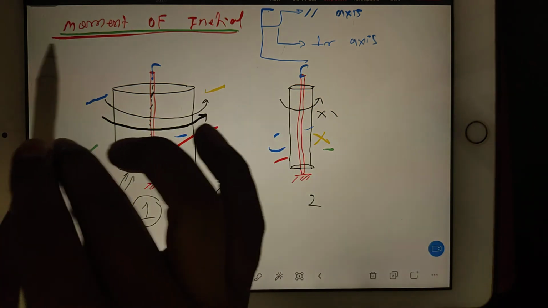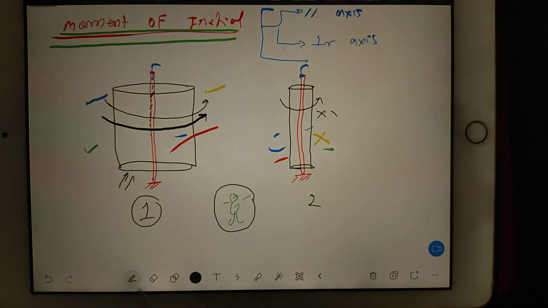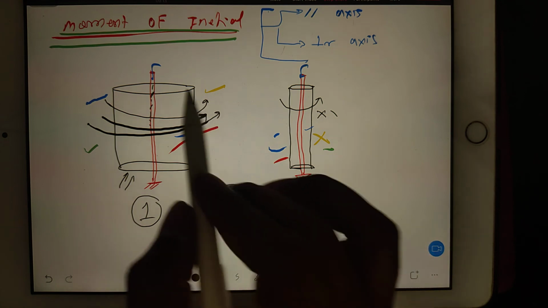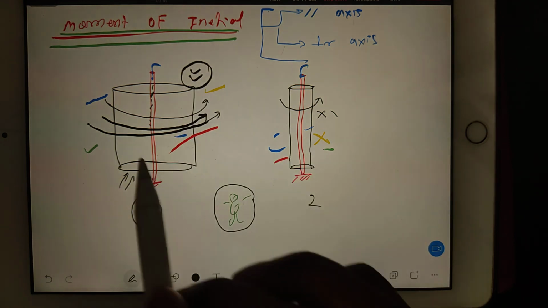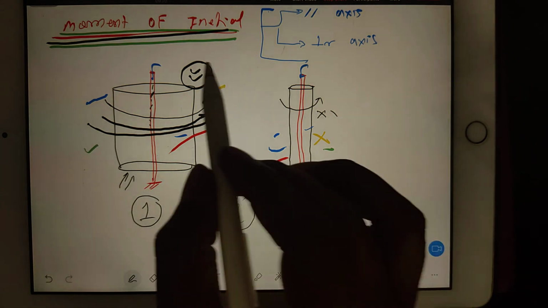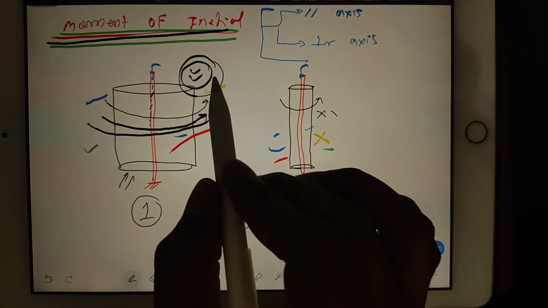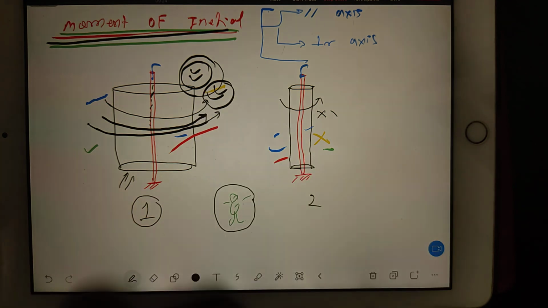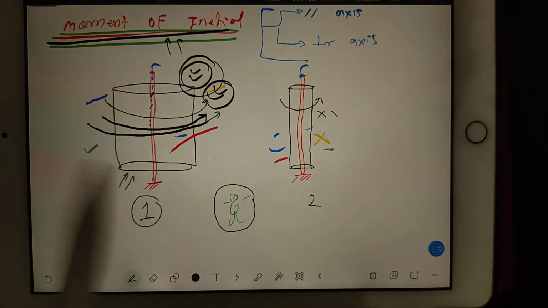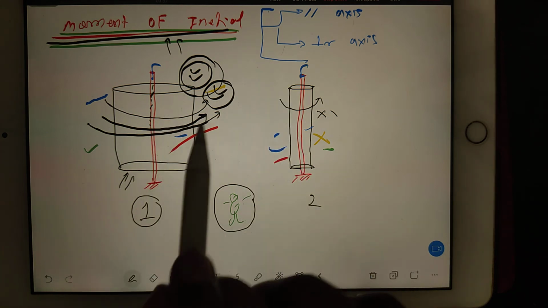So that property we call moment of inertia. It means, if the moment of inertia of any object is high, then it will be difficult to rotate the object. But if moment of inertia is high, then one more problem is there: once something is rotating, it will be difficult to stop that thing. So both advantages are there, or you can say disadvantages, depending on need.